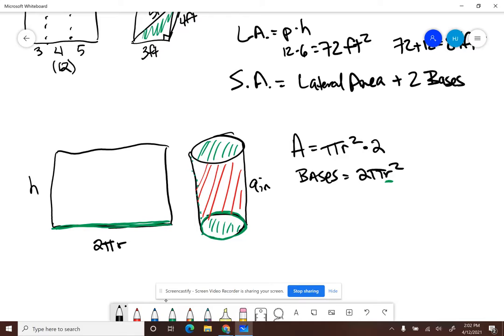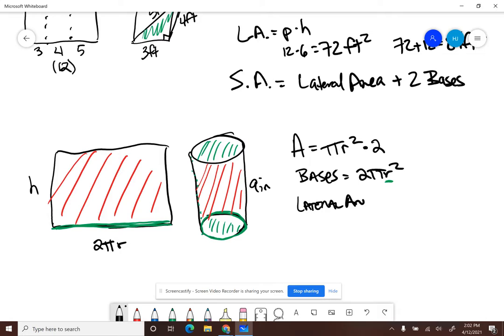So to find the area of this shape right here, this lateral area, I just need to do the base times the height, which is actually 2 pi r times h. Okay, so my lateral area equals 2 pi r h. So again, to find the surface area, remember that I'm always going to take my lateral area plus my bases. Well, I've kind of got that already laid out here.